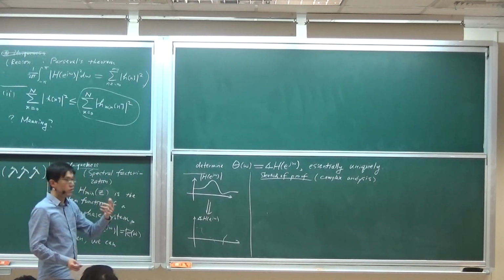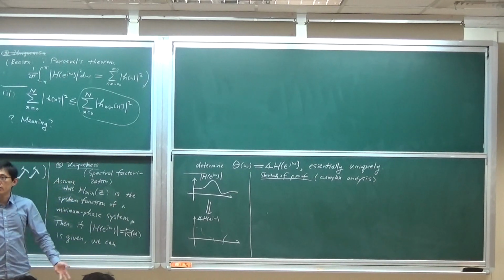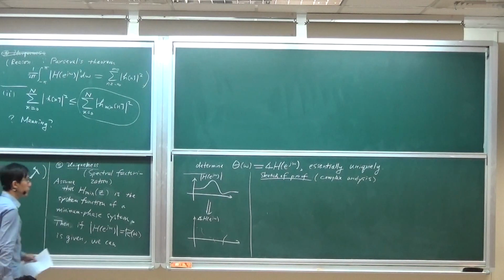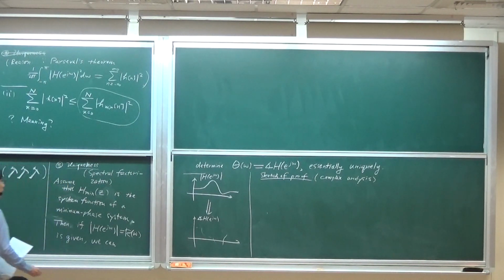If you have a foundation in complex analysis, undergraduate engineering math, then I'm going to give you a sketch of proof. The key point is to note that for a minimum phase system, all the zeros and poles are inside the unit circle, nothing's outside.